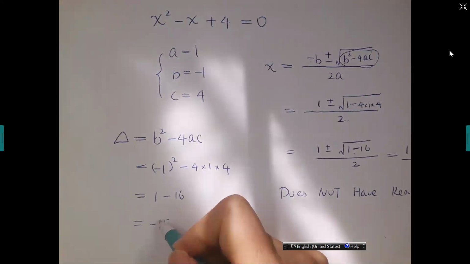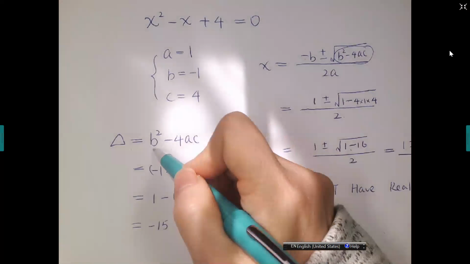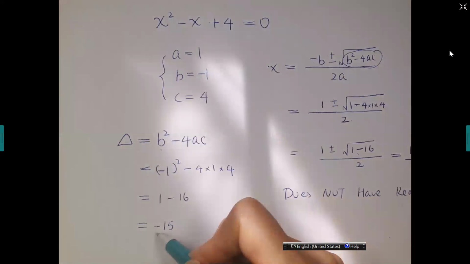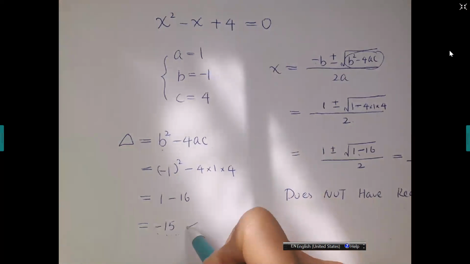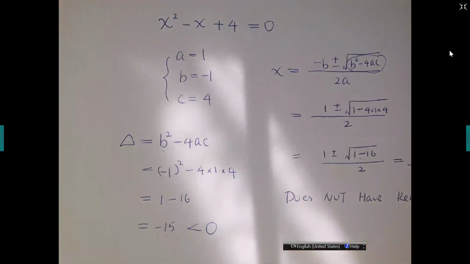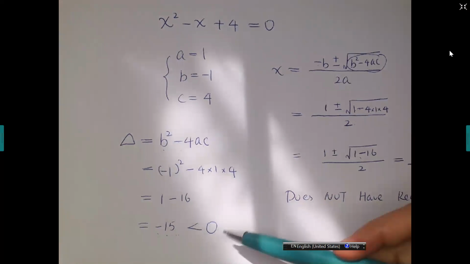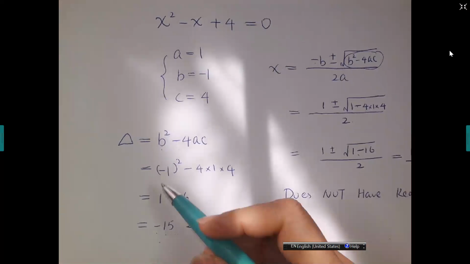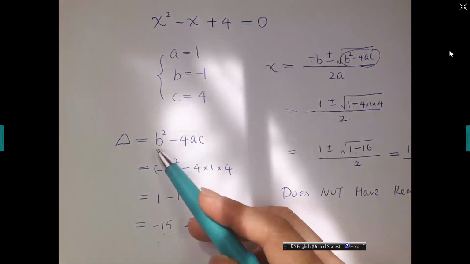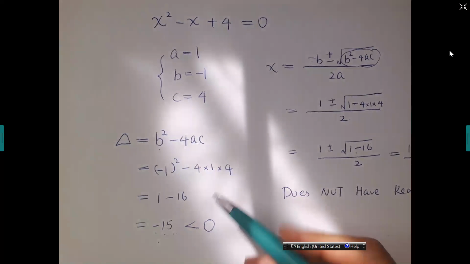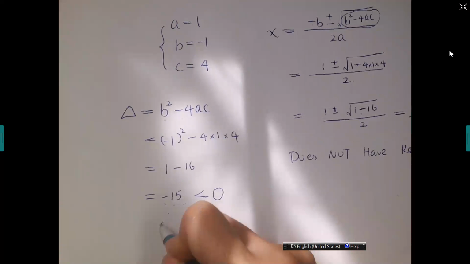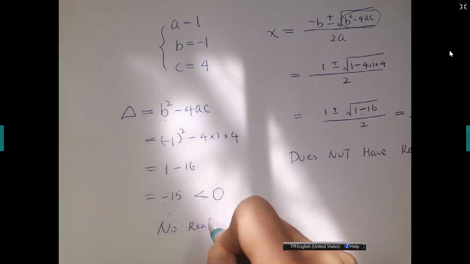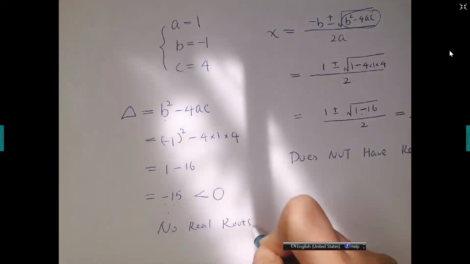If this indicator, b squared minus 4ac, ends up as a negative number, less than 0, you stop. You really don't have to do the plugging into the quadratic formula. You can stop because this indicator is a negative number. We can make the conclusion there are no real roots or no real solutions. You can stop right away.